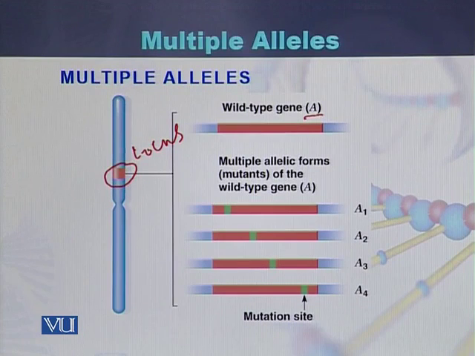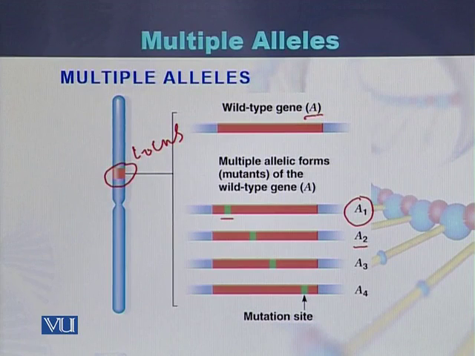Here we can see an allelic form A1, where there is a change at a particular position, and there is another alternative form of this wild type allele, that is A2.